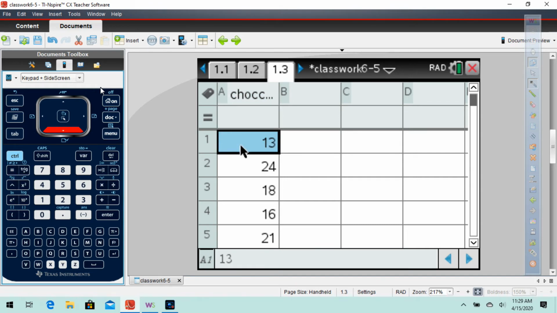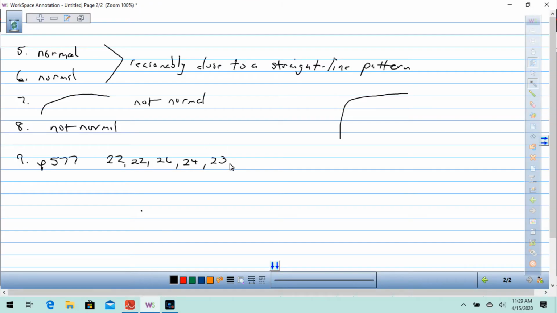Which numbers do I have? Oh, 13, 24, 18, 16. Reduced fat, I got the right ones here. I put the wrong ones there. I should have put 13, 24, 18, 16, and 21.